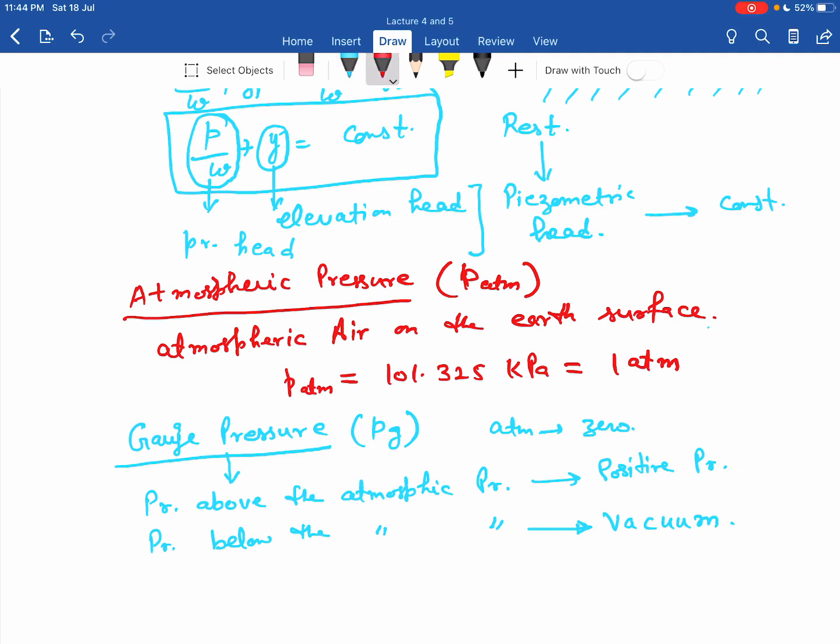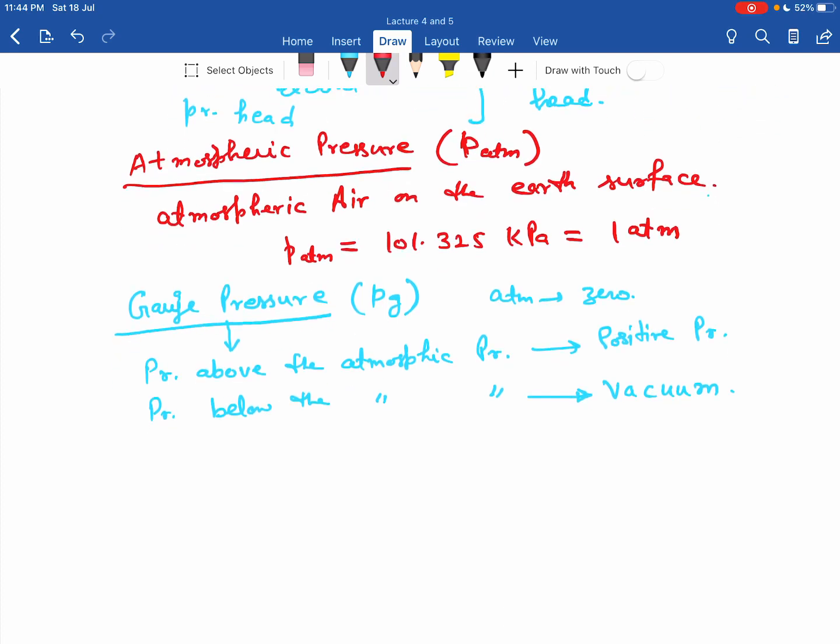Okay. Now if we add atmospheric pressure to the gauge pressure, that becomes another pressure and we call it absolute pressure.